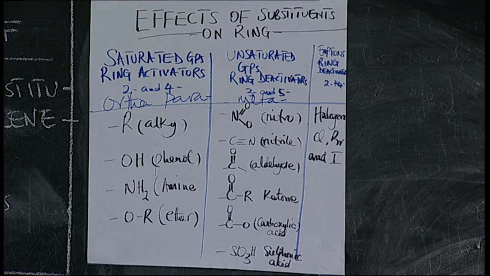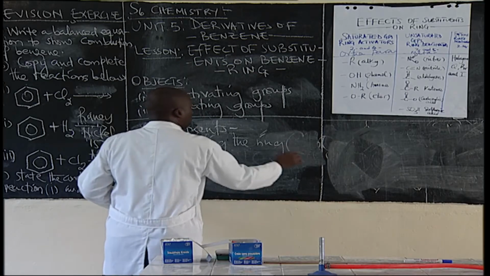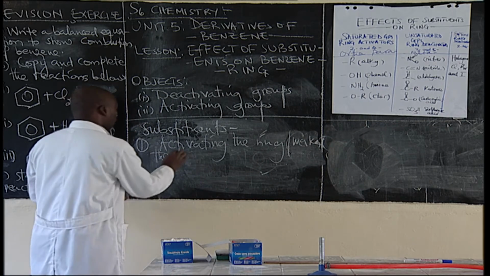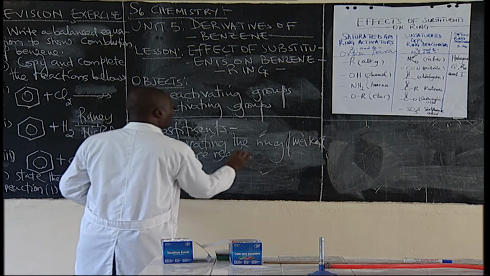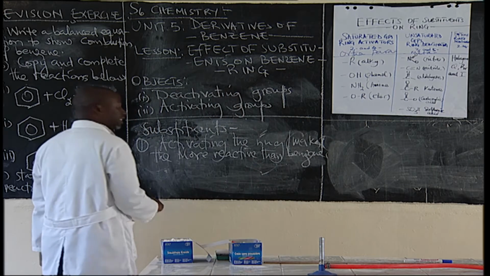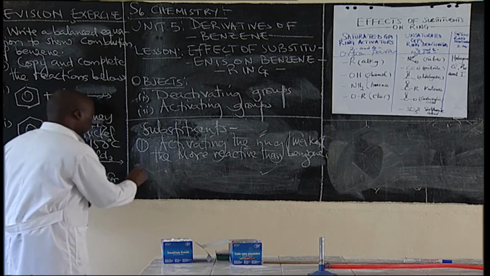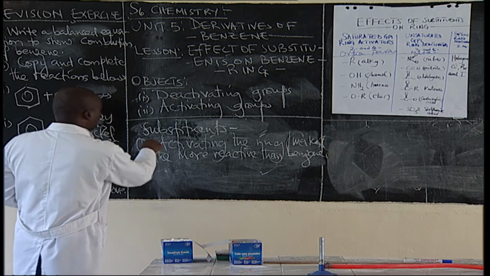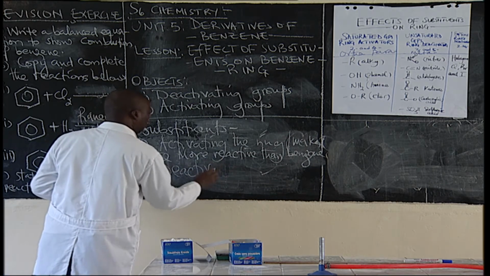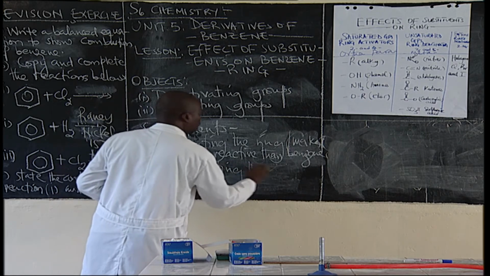Number 1 is activating the ring, or makes the ring more reactive than benzene itself. Number 2 is deactivating the ring.